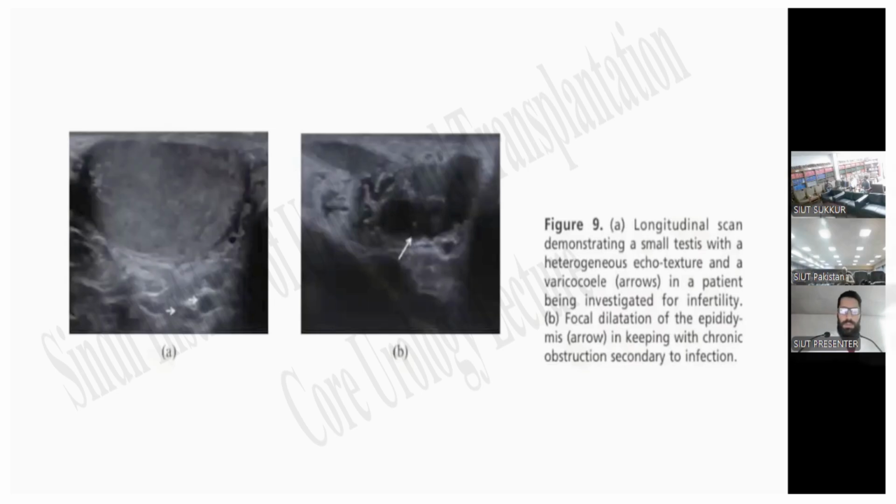The first image, A, shows a scan of a small testes with a heterogeneous echo texture and a varicocele as marked by smaller arrows. In the second image, we can identify the focal dilatation of the epididymis, shown by a larger arrow, secondary to a chronic obstruction, which can be secondary to an infection.